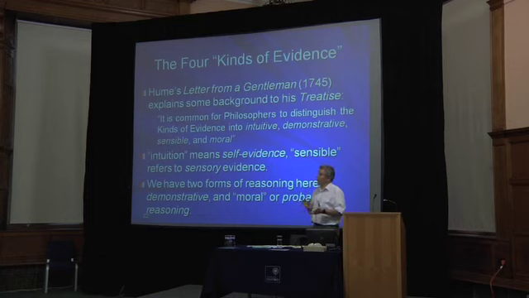This pamphlet got to Hume. He was out in the countryside, actually, acting as a tutor to a mad marquis, earning a bit of money. And he wrote a response to it, which he sent back to Edinburgh. And Henry Hume, his kinsman, who we've met before in the first lecture, put it together into a pamphlet which we now know as the Letter from a Gentleman.